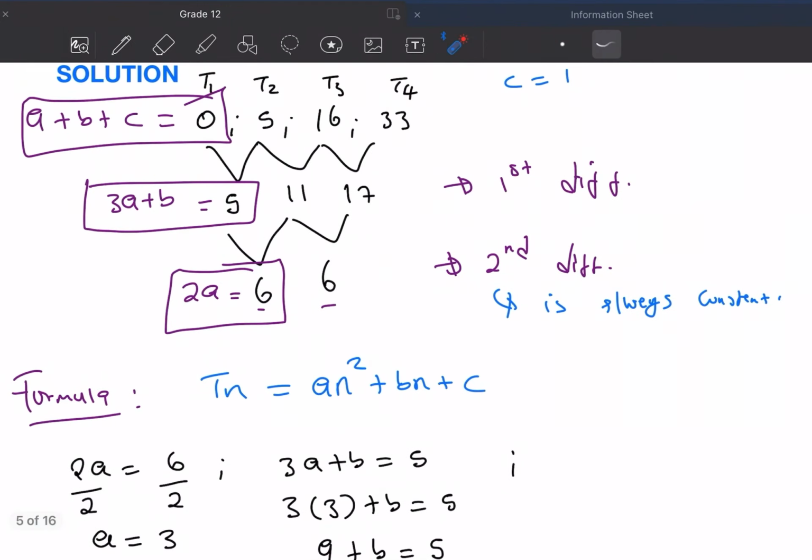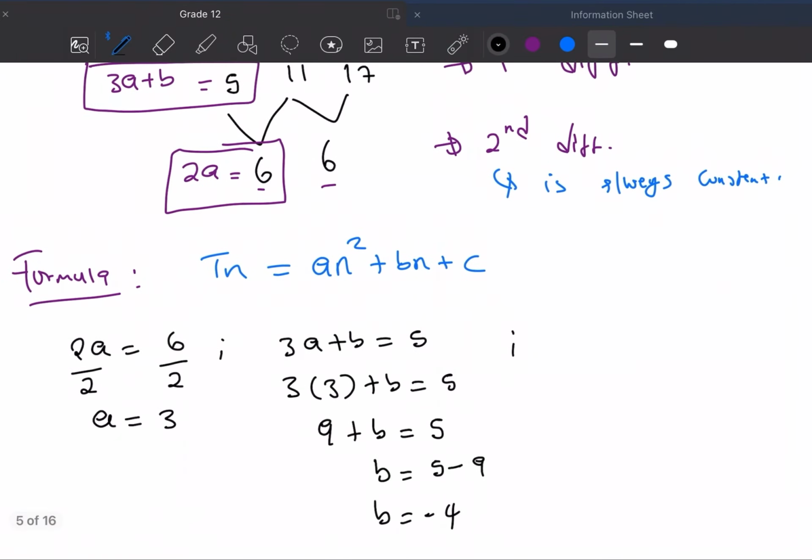The last relationship is a plus b plus c is equal to the first term, and the first term is 0. So we already know a is 3, we already know b is -4. 3 minus 4 is equal to -1. My mind was already ahead.